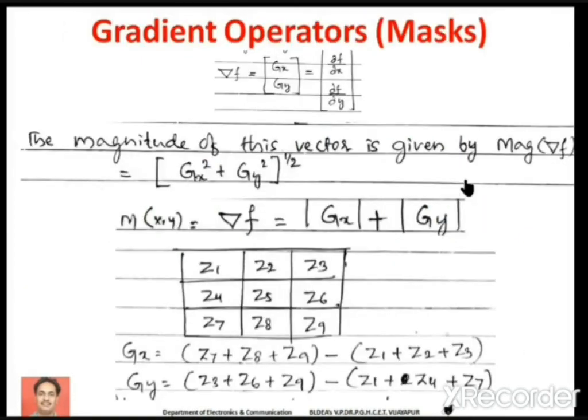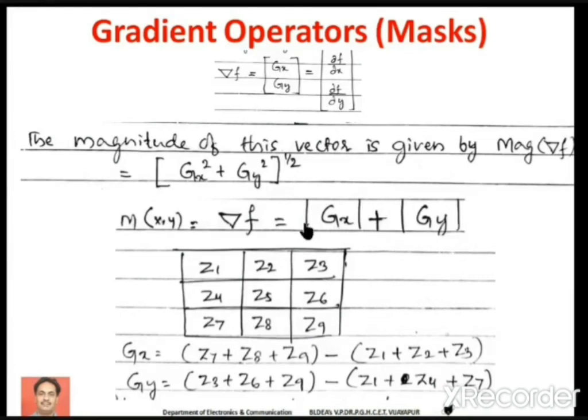The gradient operator can be represented like this: del f equal to gx, gy, where gx is dou f by dou x, gy is dou f by dou y. Its magnitude can be computed mathematically as square root of gx square plus gy square. However, in image processing, magnitude can be computed simply as absolute of gx plus absolute of gy.